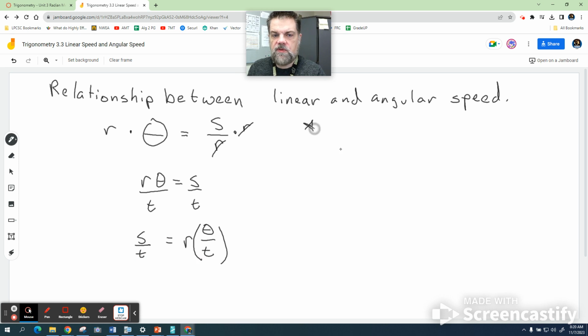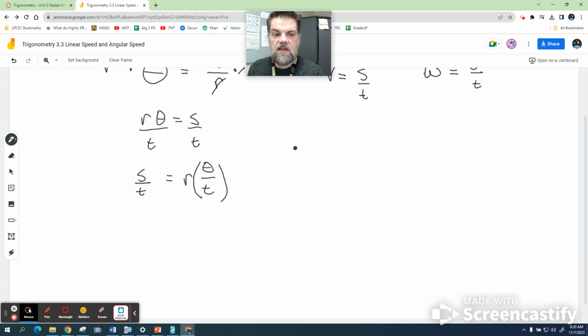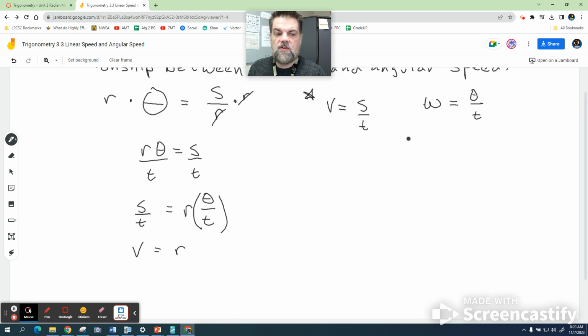And then also remember that my linear speed v is s over t, and that my angular speed is actually theta over t. So wherever there is an s over t, I'm going to plug in a v. And wherever there is a theta over t, I'm going to plug in omega.